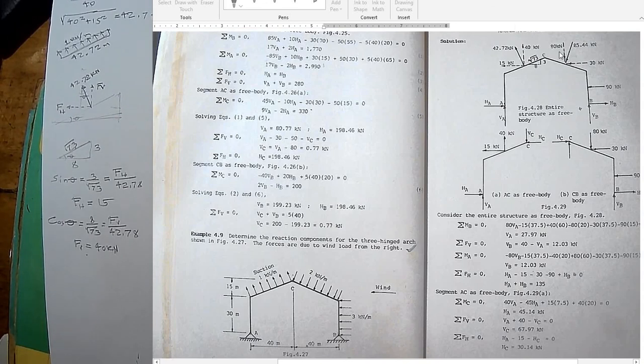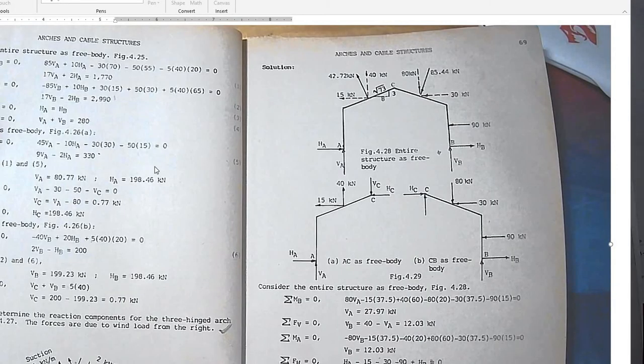Likewise, ganun din, paano nakuha yung 80 tsaka yung 30. Notice na yung windward pressure is twice of the suction pressure. So you simply multiply this uniform load 1 by 2, magiging 30 yan, and then this will become 80.